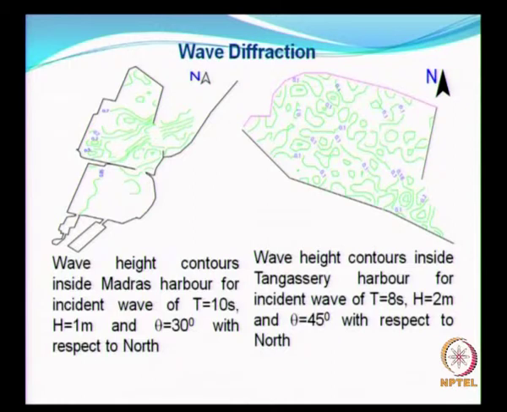Permeable is advantageous because it will account for a certain amount of dissipation of incident wave energy. So we get a lot of information from this, and if you want to do some alterations within the existing harbor, you can feed this into your numerical model and try to understand what is going to happen if you change some of the items inside the harbor.